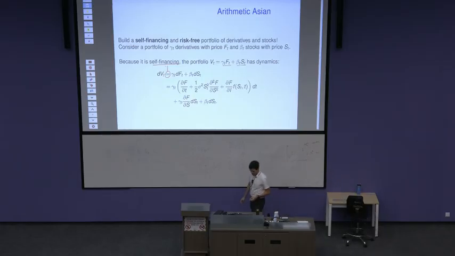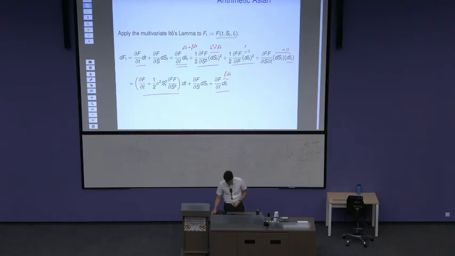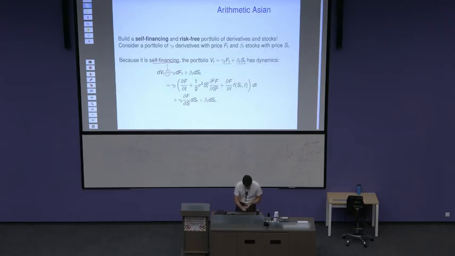Okay, and then we input just what we have computed on the previous slide. df_t is just the purple color dt term from the previous slide. This is this part. And we have gamma_t times the derivative of f with respect to S, dS_t, plus beta_t dS_t. So, compared to the previous slide, we more or less have this additional term.